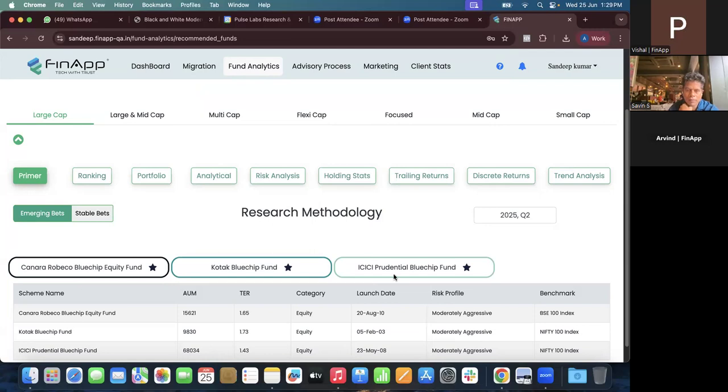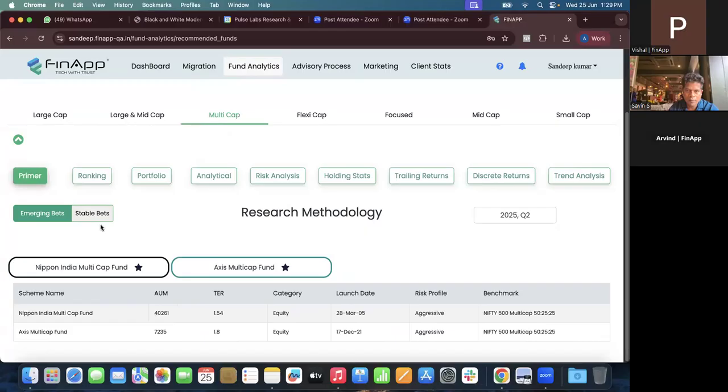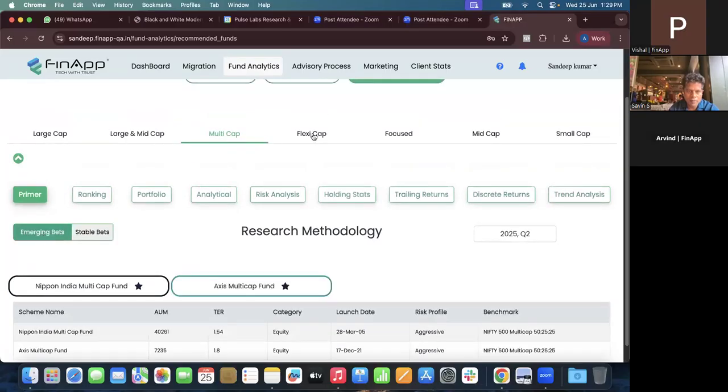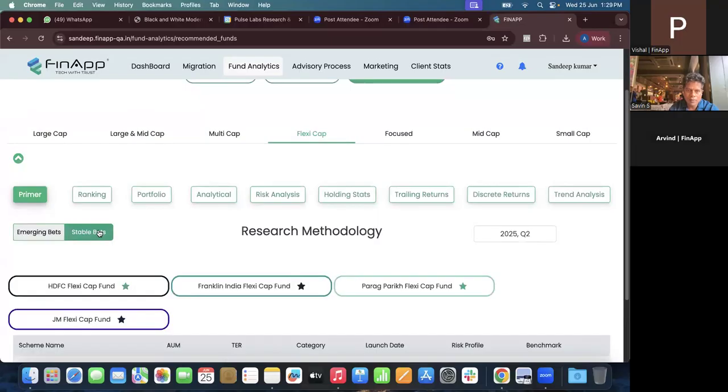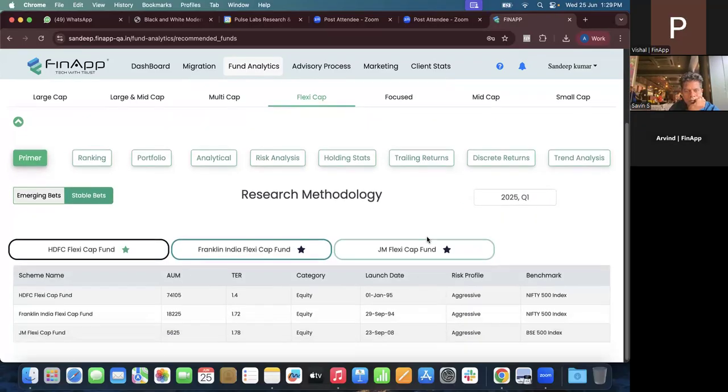These emerging bets are those funds which right now may not be on your radar, but going forward, you will probably find them being 5-star rated funds in the ecosystem. Similarly, for every category, all these major 8 categories, we have stable bets and emerging bets.